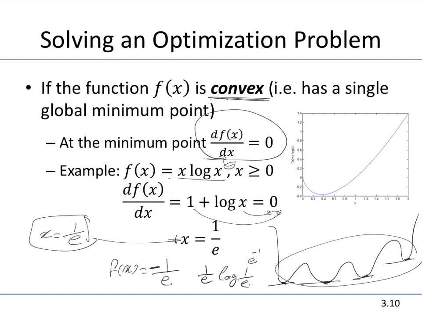So it's minus. So this actually is -1, because log e is 1, right? So f(x) will be minus 1 over e. And e is actually 2.7, so 1 over e is around 0.4, so it's somewhere here.